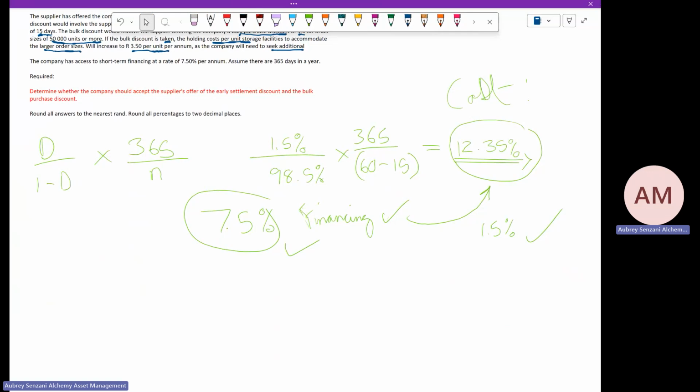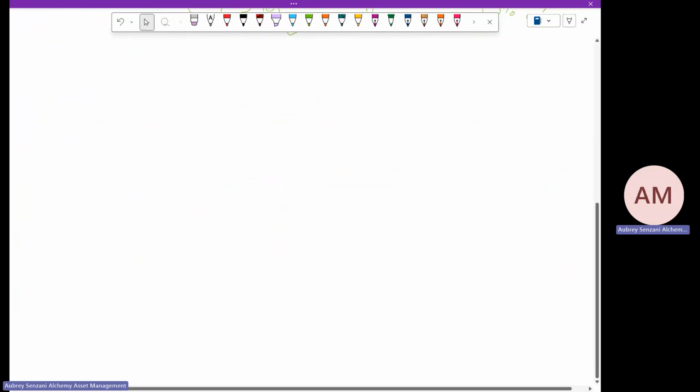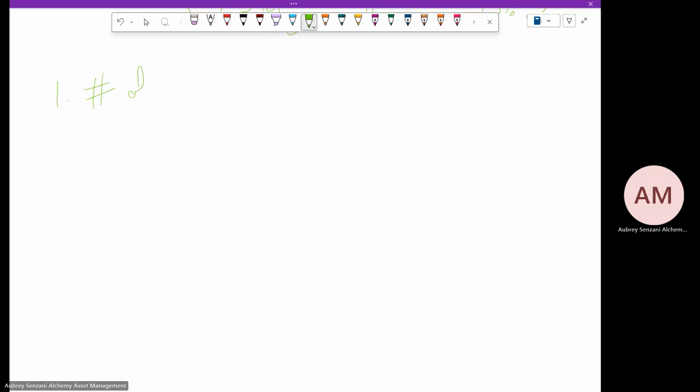Does that make sense? So when you are then comparing or trying to get your total costs, you are then, number one, going to ask yourself, number of orders that we are going to make, right? Number of orders per year.